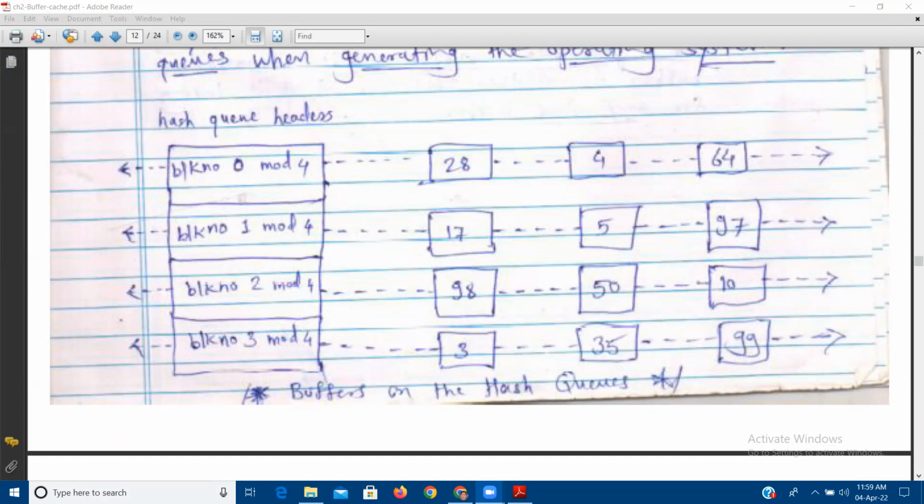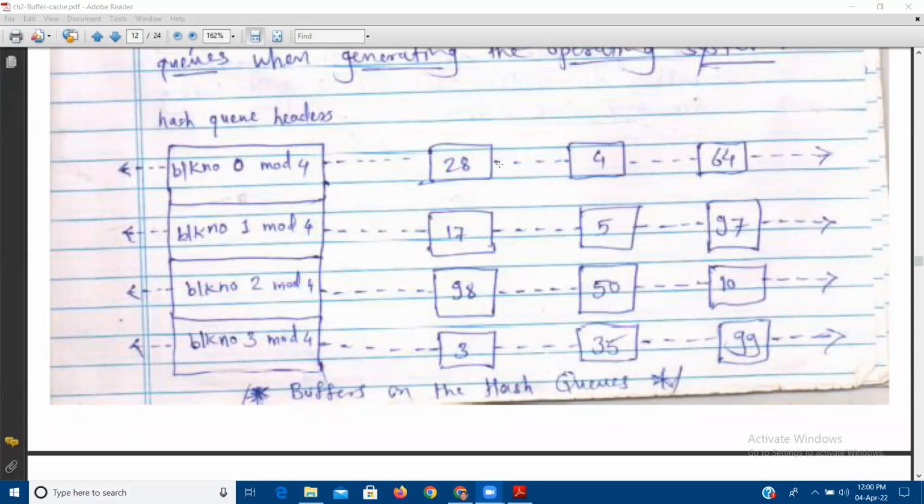So like that, almost all buffer numbers are utilized, coming under the first hash queue, second hash queue, third hash queue, fourth hash queue. So a total of 4 hash queues are taken over here. Again, how many hash queues should be taken and how many buffers should be kept on the hash queue will be decided by the operating system designer.